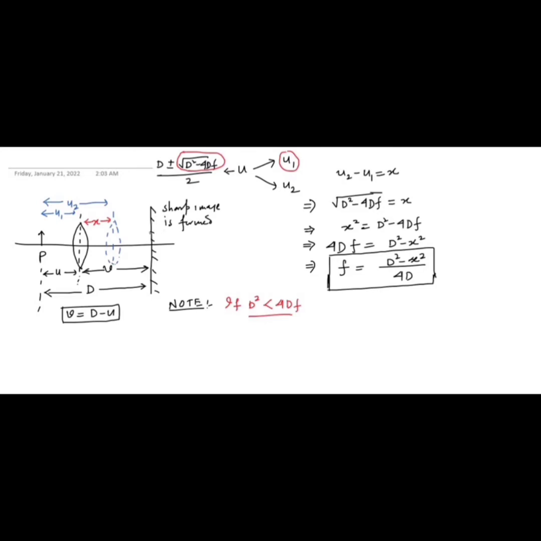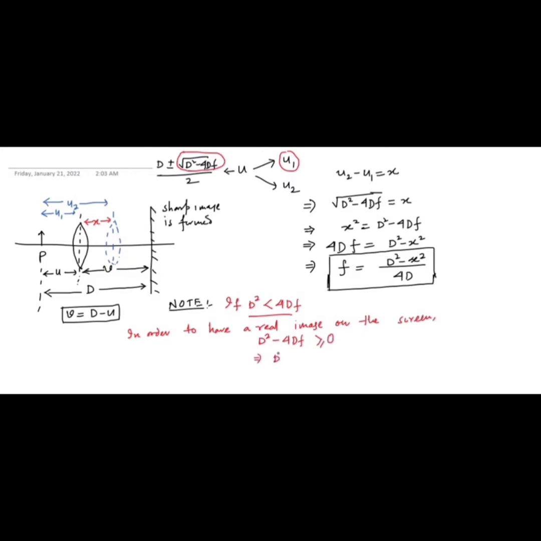So in order to have a real image on the screen, d square minus 4df should be at least equal to or greater than 0.